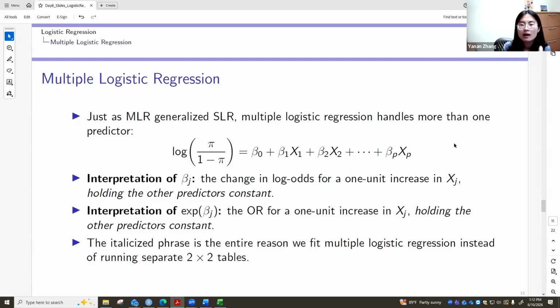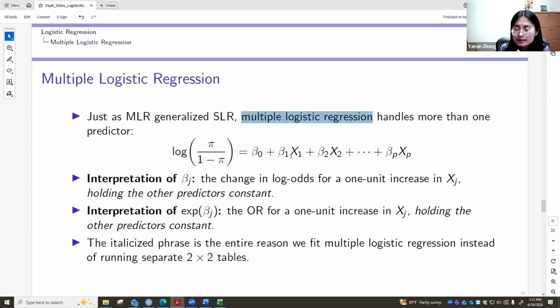All right, so let's think about the possible reasons why we want to fit a multiple logistic regression. I can think of three major reasons why we want to fit a multiple logistic regression rather than a simple logistic regression.